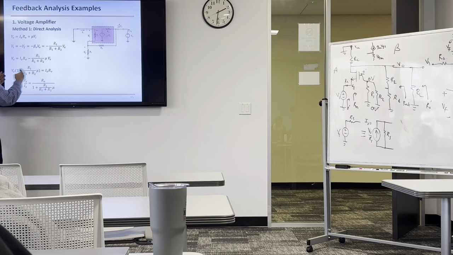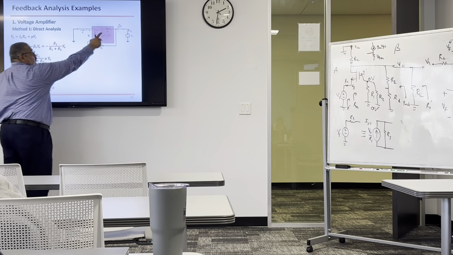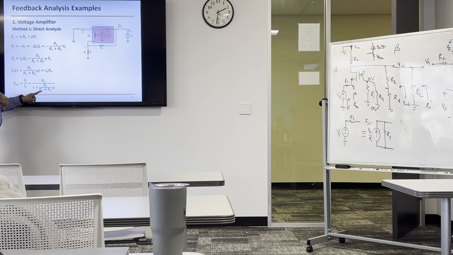We solve for Vx and Ix, Vx on one side, Ix on the other, and we get the same result that we were expecting. Our output with feedback is the same as our output without feedback, but smaller. Feedback reduces the output resistance. So it's R out divided by the amount of feedback as before.